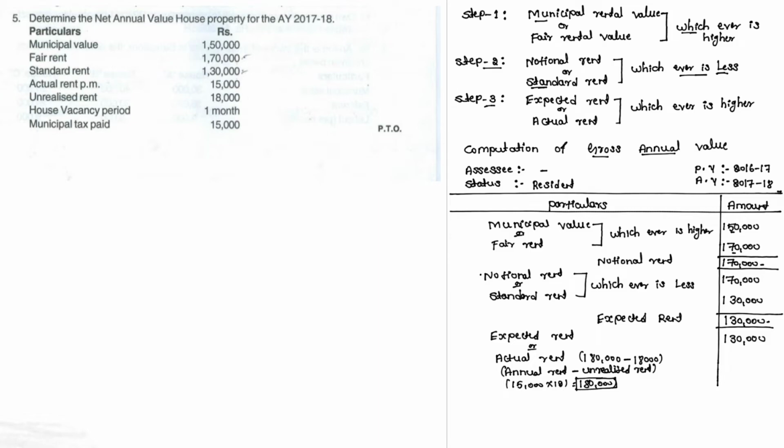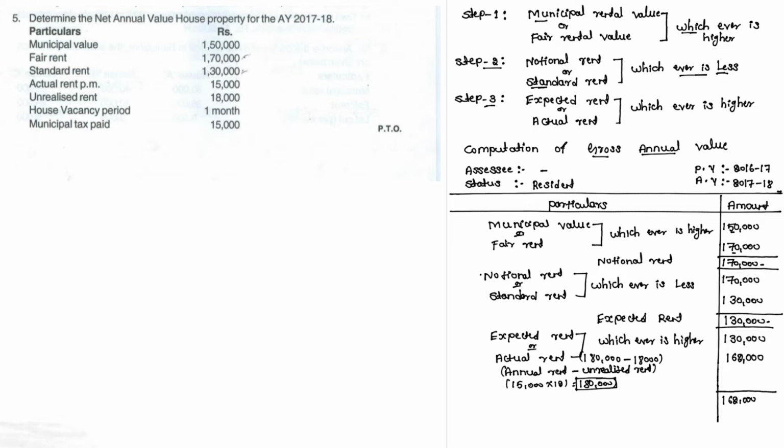If you deduct, you will get 1,62,000. In this, whichever is higher. So expected rent, actual rent. Higher amount is 1,62,000.